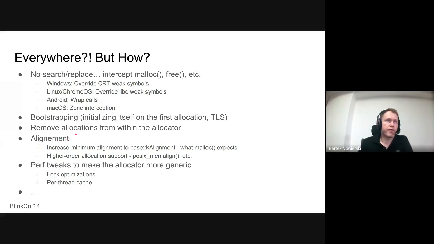Another thing is that we had to make sure that the allocator doesn't allocate itself. Previously, it was fine, because when we only supported Blink, we could call malloc from the allocator, and it would go into the system allocator. Right now, when we intercept malloc ourselves, obviously PartitionAlloc cannot call malloc because we'd loop on ourselves. There's a long list of other things that we had to do, but I'll spare you the details for now.